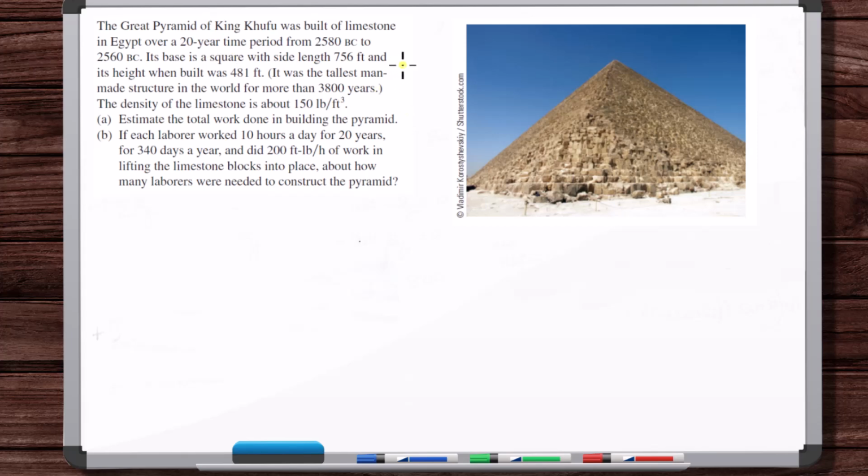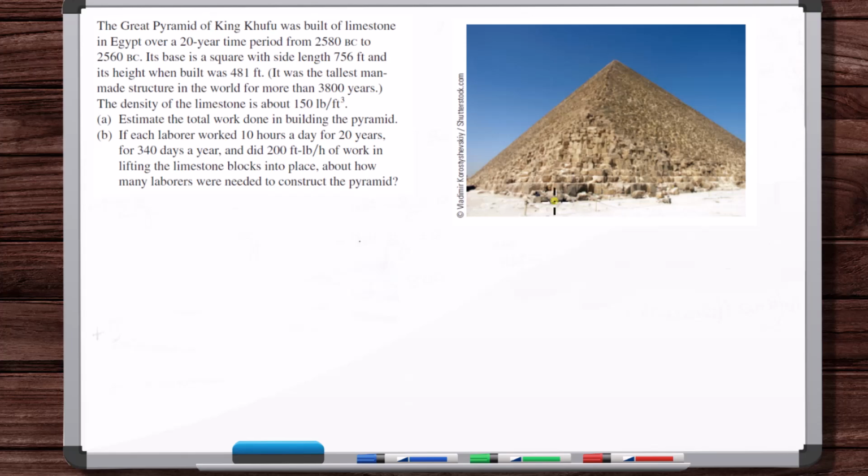And so, this is a simplified case here where what they're really asking is, it's not the work required to build the pyramid, because we're going to see it would take work to lay the first base of limestone, and we're not going to consider that.